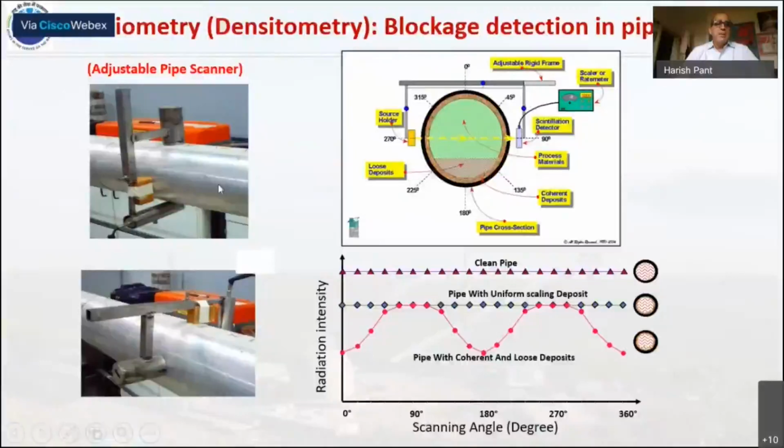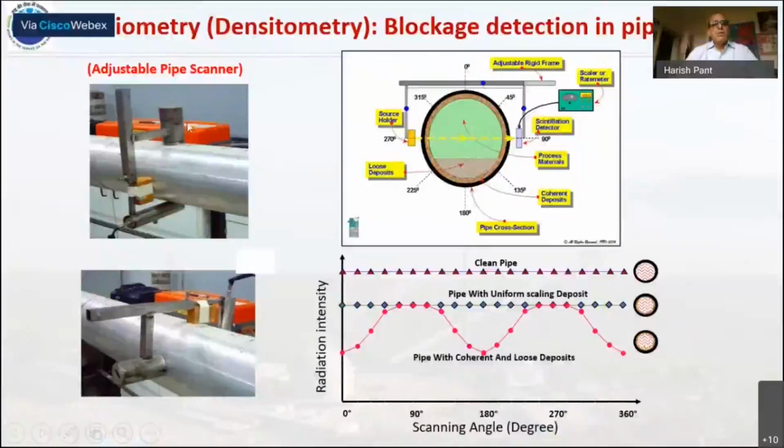How is it done? Generally, an adjustable pipe scanner is made. It is a very simple device. You can see here, it has two arms. In one arm, there is a source, housed inside a lead collimator.